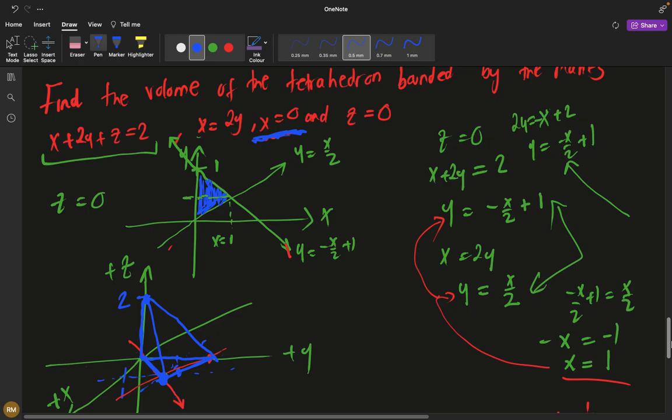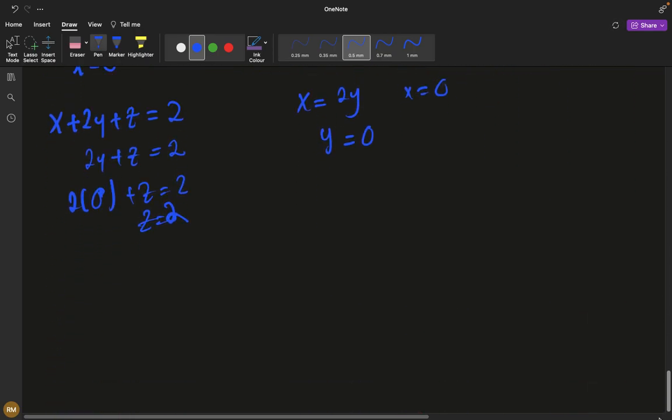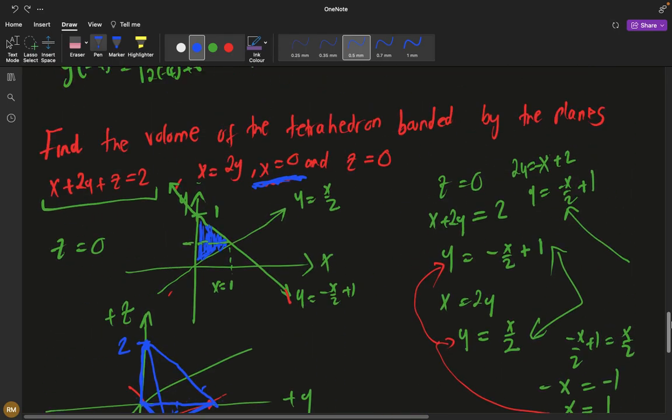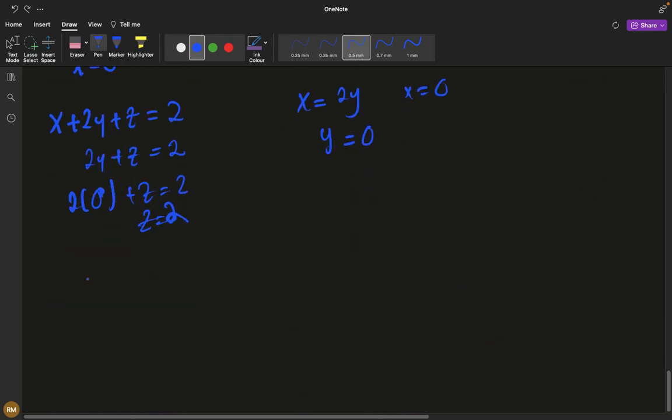Our volume, because we need to compute the volume here.